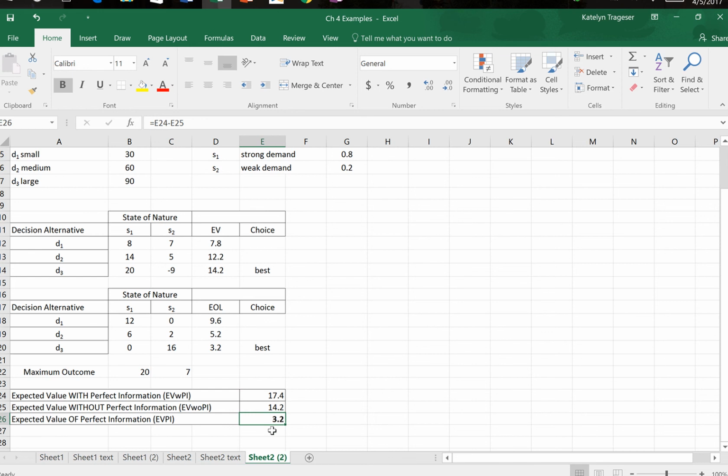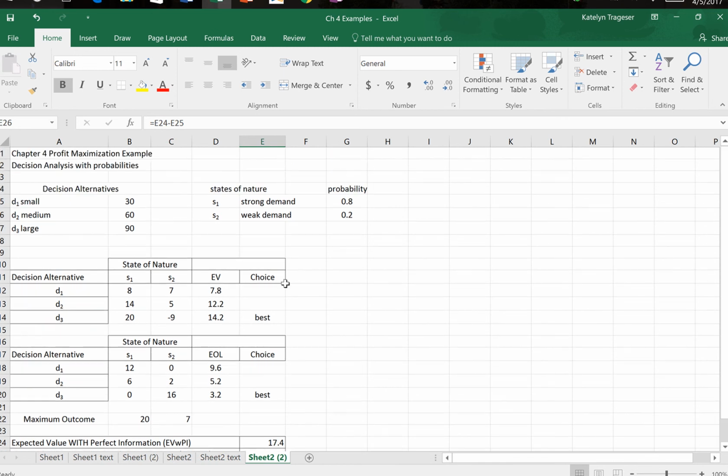What this $3.2 million tells us is that we are leaving $3.2 million on the table by not having perfect information. So this may indicate that we want to go ahead and conduct a market survey, see what the demand really looks like it's going to be. $3.2 million is a lot to leave on the table.